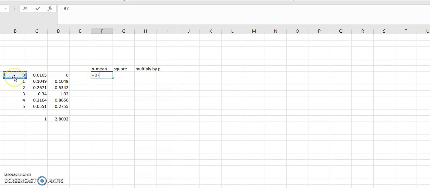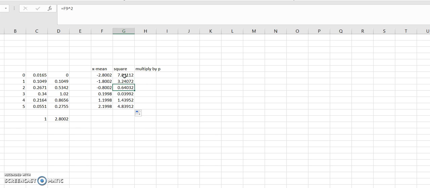This one minus the mean, and if you put a $ sign here, you don't have to write it every time, and you can bring this down here. So each of these x values is subtracted from this calculated mean, and then you would take their squares, this to the power 2, same thing with all of them.